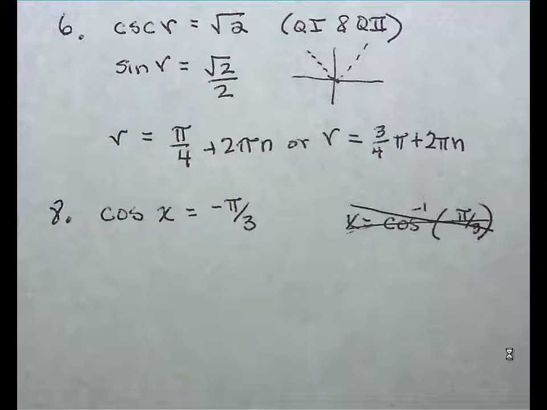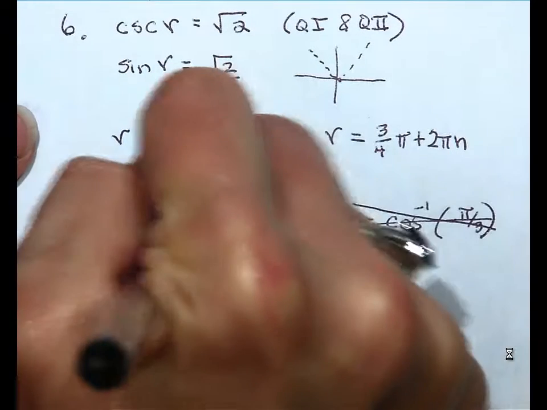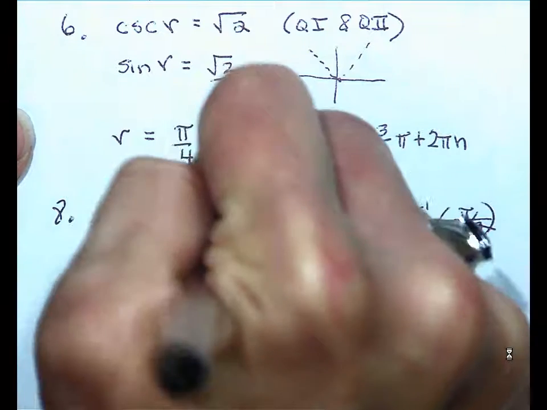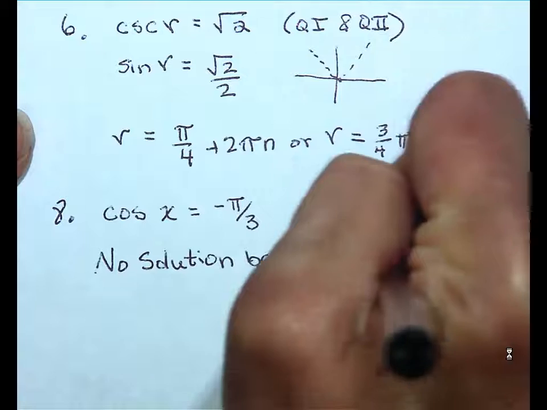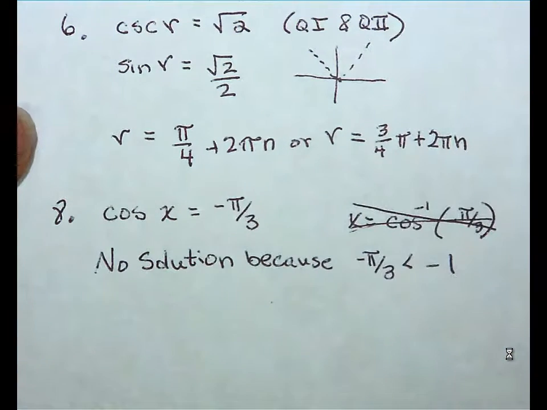There's no such critter. There's no solution. Because negative pi over 3 is less than negative 1. You can't find an angle whose sine or cosine is greater than 1 or less than negative 1, because the range of sine and cosine is just negative 1 to 1.